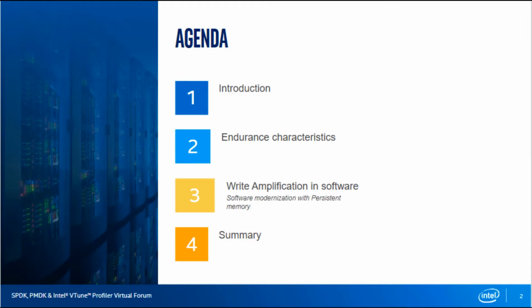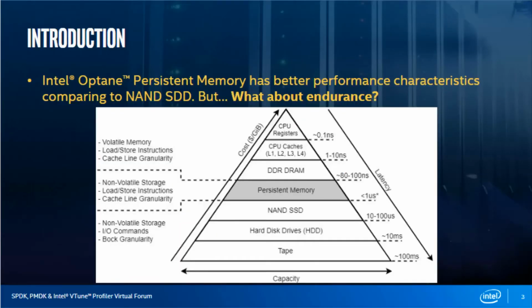So let's proceed. This is a picture we usually show when we introduce persistent memory. We are showing that persistent memory fills the gap in the memory hierarchy and takes a place between DRAM and SSDs. So it's something in the middle between the memory and storage hierarchy.